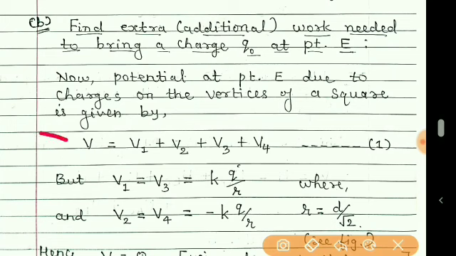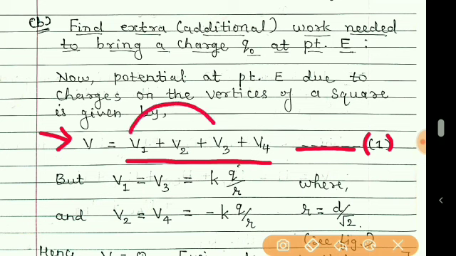Now finally, look at the mathematical steps. Potential at point E, that is center, is the summation of the potentials of all the charges. We have given this equation number 1. Now the potential at A and C will be same because they are having positive charges, and so V1 is equal to V3 is equal to KQ by r.